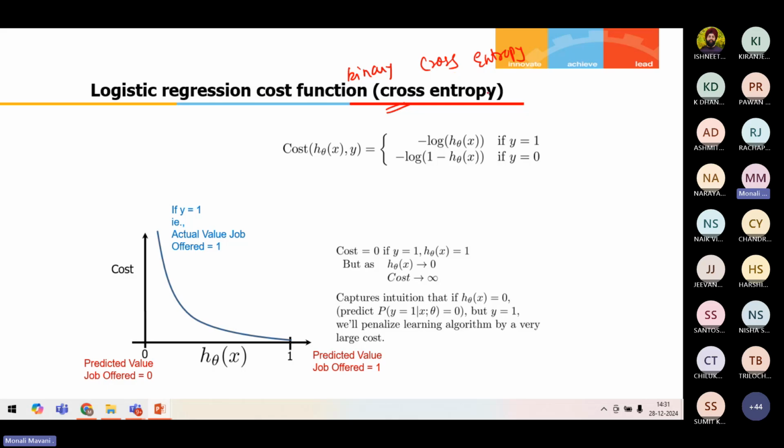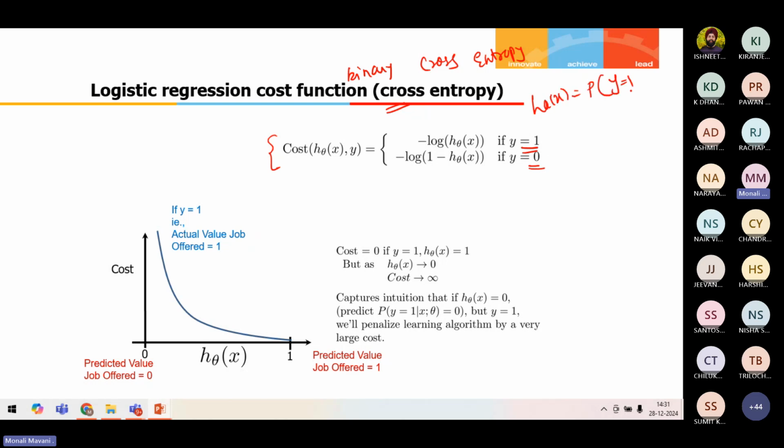So what is that function? This is how we define the cost function. For class 1, it is minus log of the hypothesis function. For class 0, it is minus log of 1 minus the hypothesis function. If you remember, in the beginning we defined h of theta x. What is the interpretation of h of theta x?